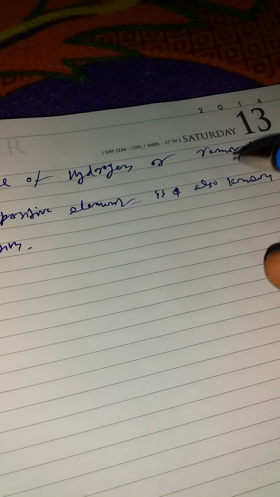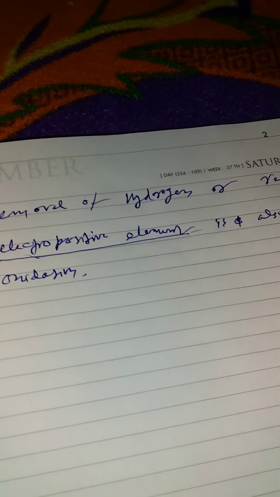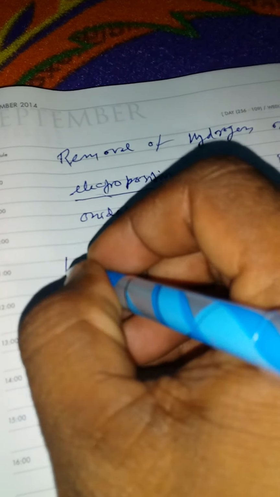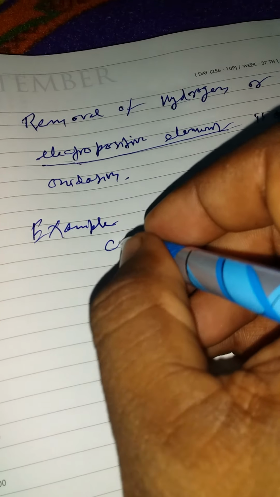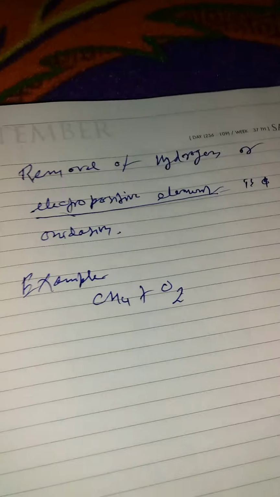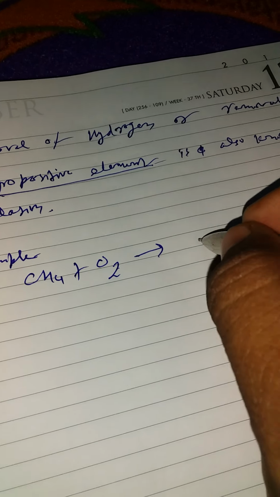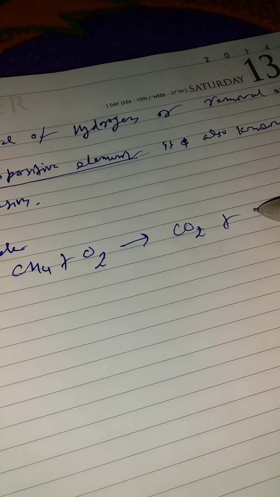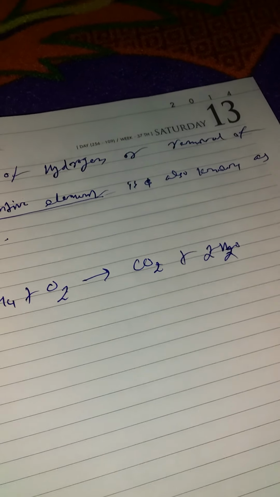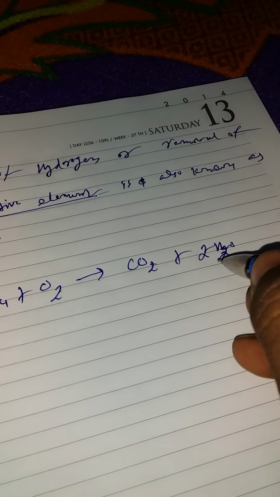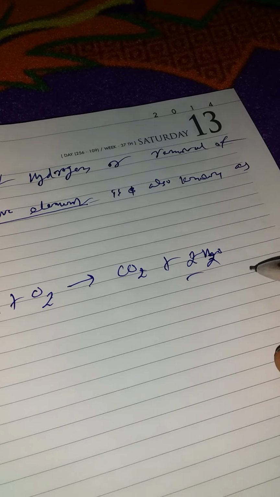Removal of hydrogen or removal of electropositive element, and we know that metals are electropositive elements, is also known as oxidation. As for example, methane reacts with oxygen to form carbon dioxide and water. Here we use 2 to balance this chemical equation.